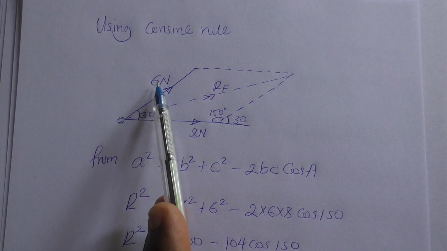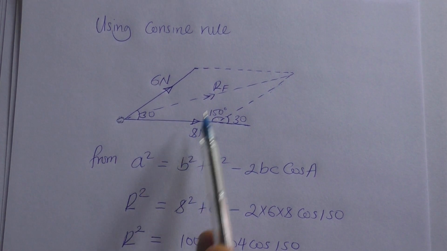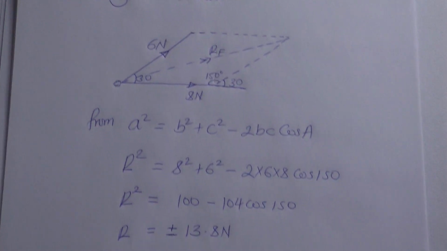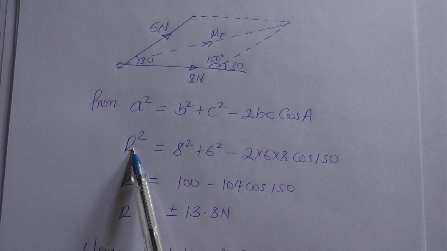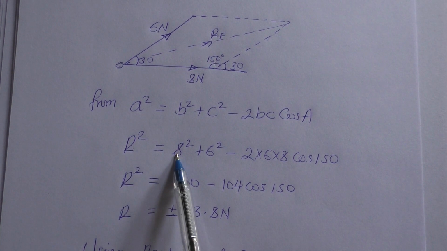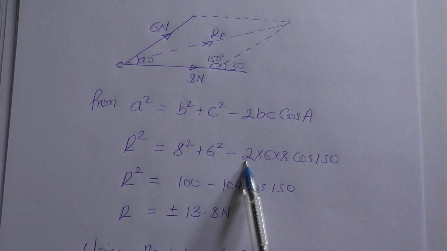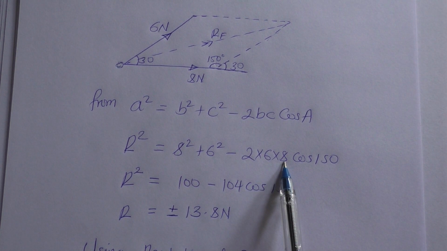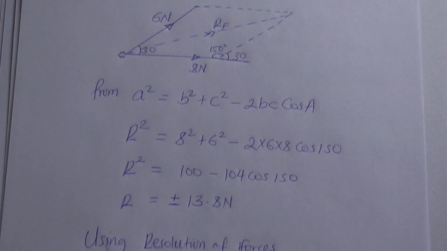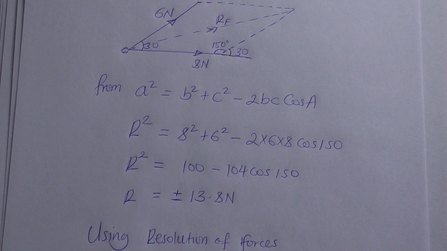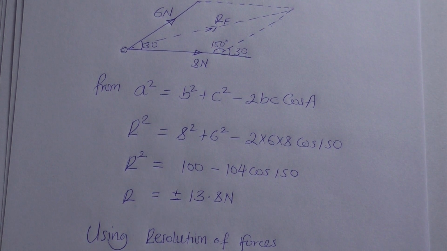This can be our B, this is C, this is A, and we have the angle A. Hence, we shall have the resultant squared equaling 8 squared plus 6 squared minus 2 times 8 times 6 cos 150, which gives us a resultant of plus or negative 13.80 newtons. That is how we shall get the resultant force using the cosine rule.